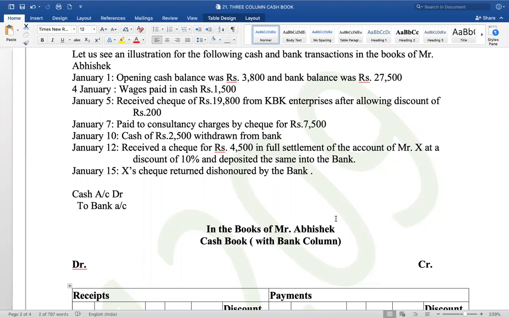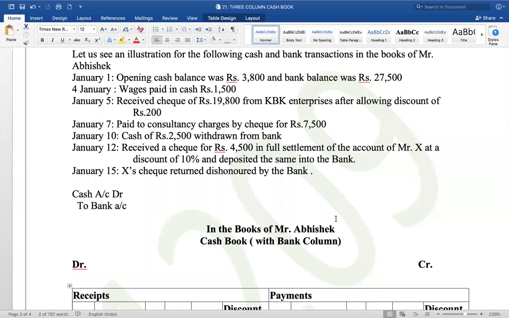What is the intention of allowing or giving a cash discount? What is the purpose of this cash discount? To encourage early settlement by the creditor, prompt payment.